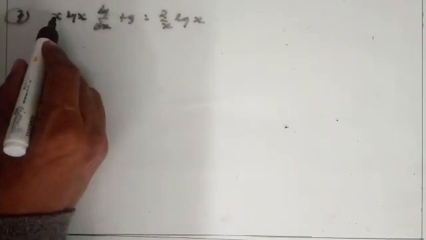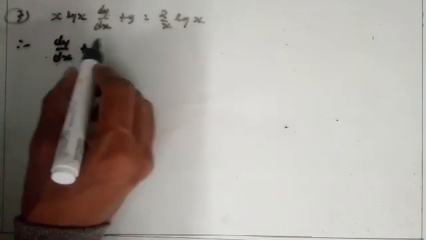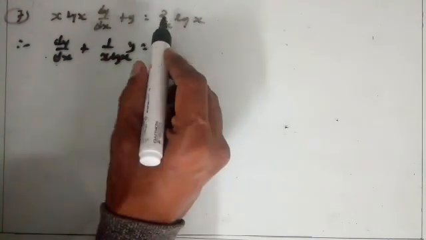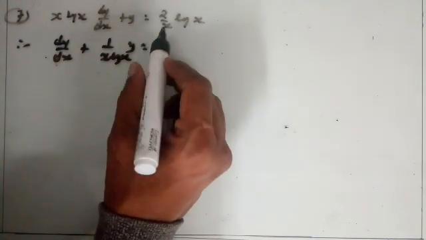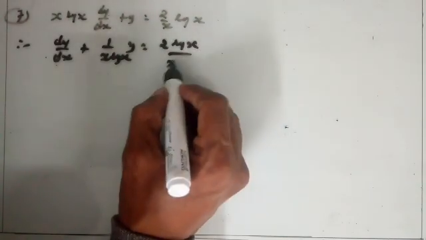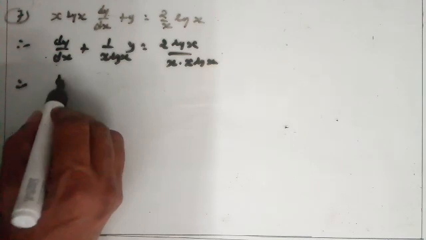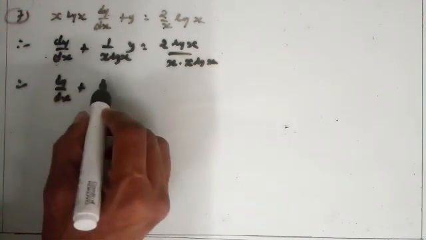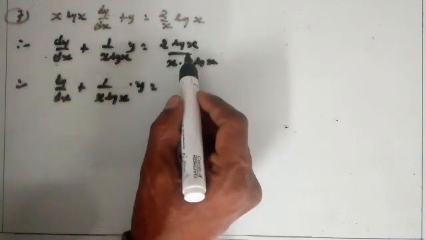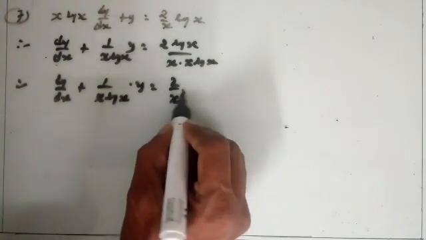For this, dividing by x log x on both sides, we get dy dx plus 1 upon x log x into y is equal to 2 log x upon x log x into x, that is x into x log x. Now simplify this: we get dy dx plus 1 upon x log x into y is equal to, with log x cancelling from numerator and denominator, 2 upon x square.